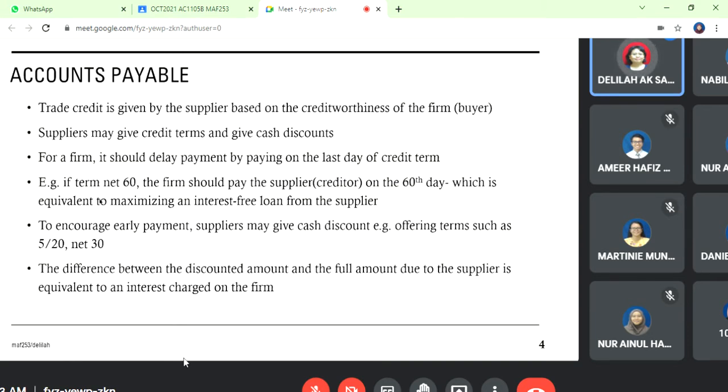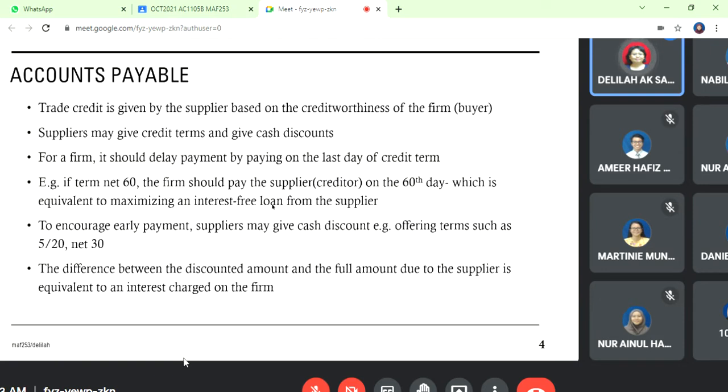Now, when you maximize the term, where we pay on the last day given by the supplier, this is similar to borrowing from the supplier, an interest-free loan.